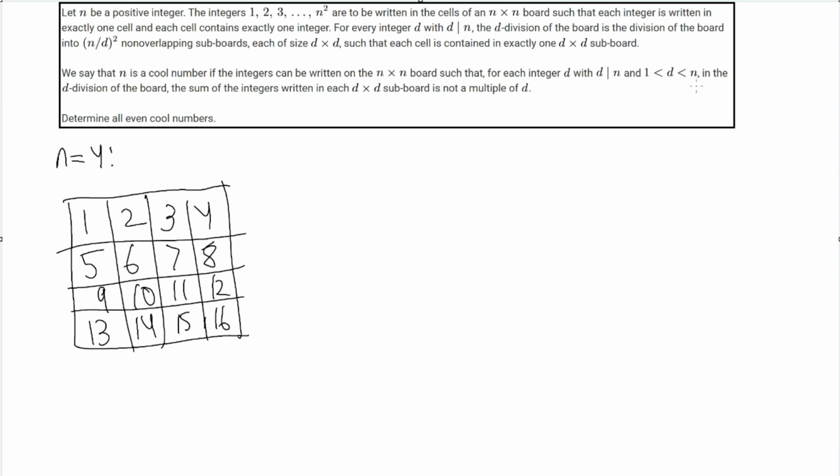For d equals 4, we don't have to include that. So now we just need to look at d equals 2. Then the sum of the numbers on each d by d subboard is not a multiple of d. So the sum of the numbers on each 2 by 2 subboard must be odd. But then here we see that the sum is even, and same for all of these guys here. So how can we fix this?